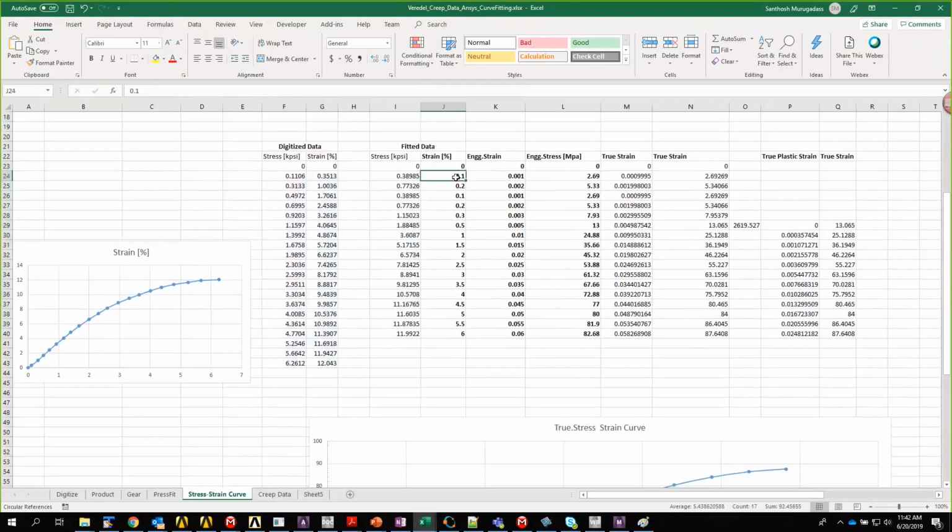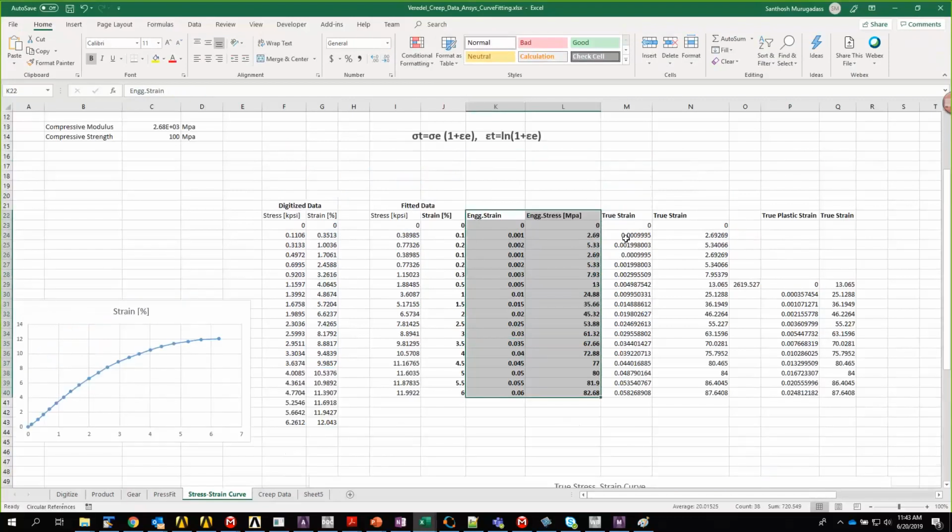So we're converting this percentage of strain into the actual strain by dividing by 100. And this is the engineering stress in KPSI, which is converted into megapascal by using the conversion factor between kilo PSI and MPa. So now we have the engineering stress strain curve in strain versus MPa stress.